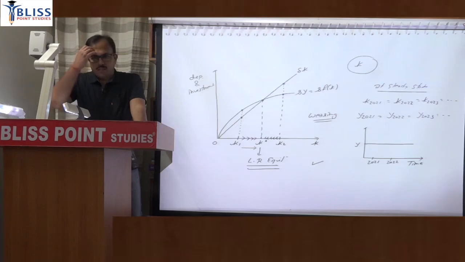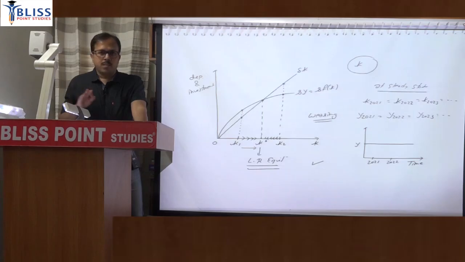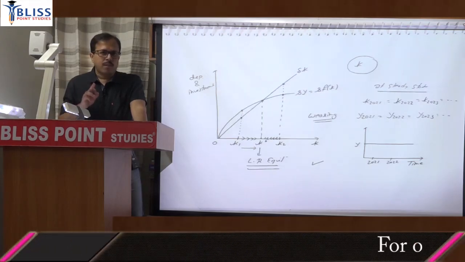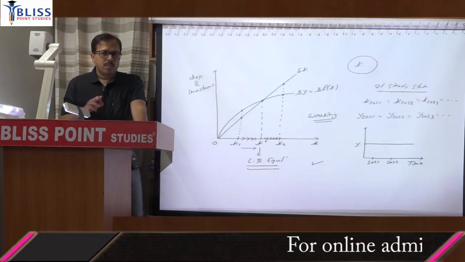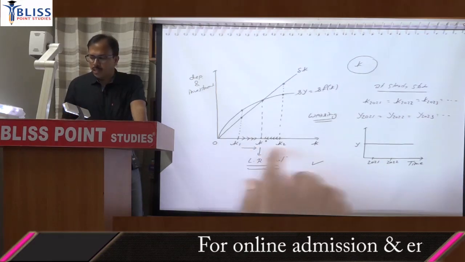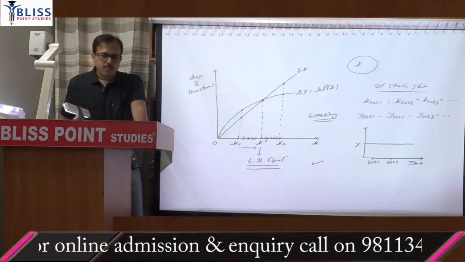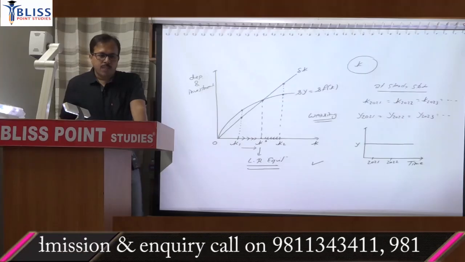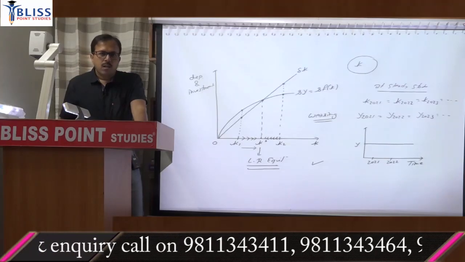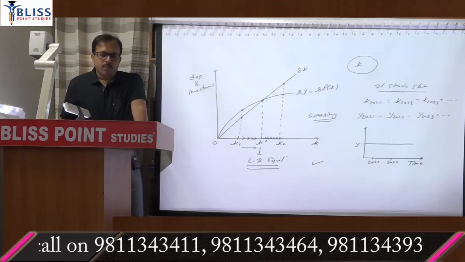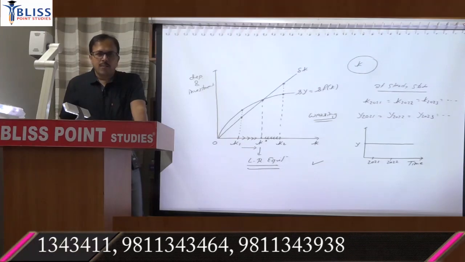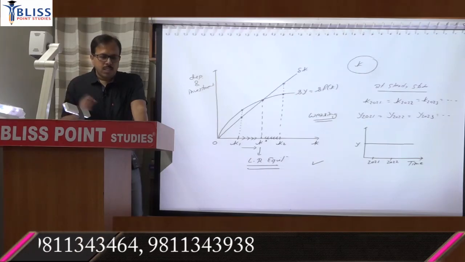It shows that regardless of the level of capital with which economy begins, that means whether it begins with K1 or whether it begins with K2, it will end up at K star. Regardless of the level of capital with which economy begins, it always ends up at steady state level of capital.